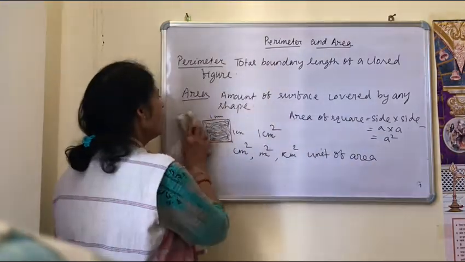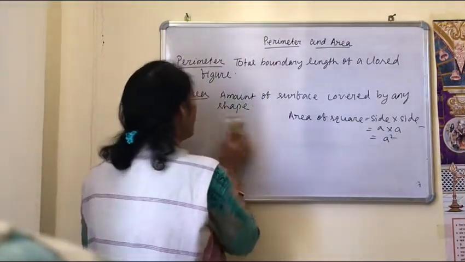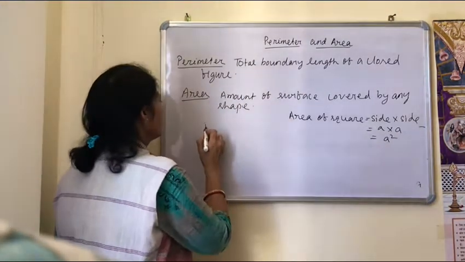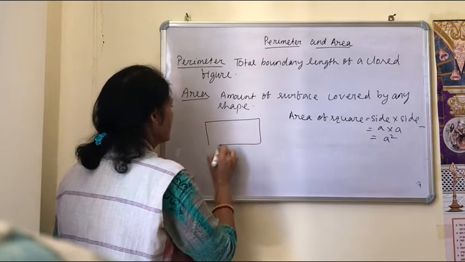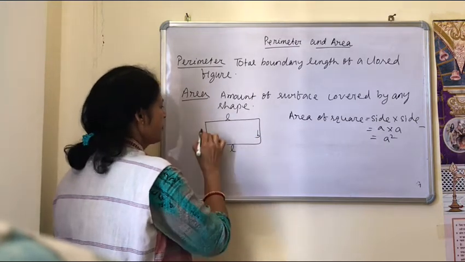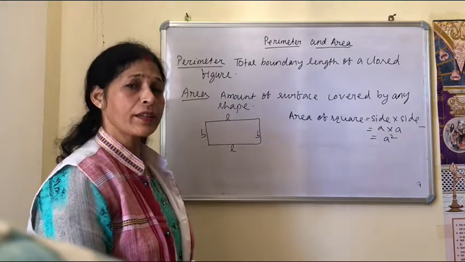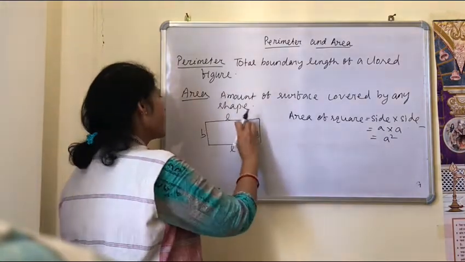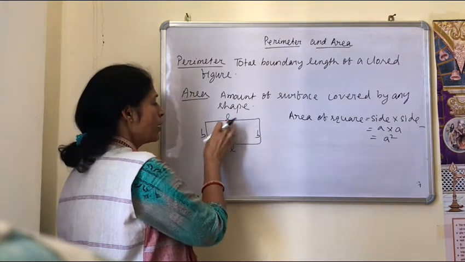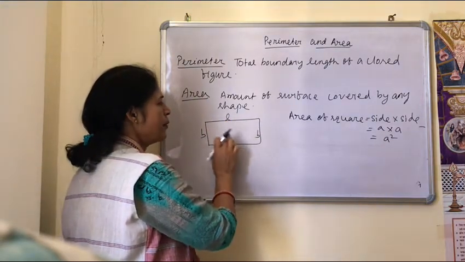Now come to the area of rectangle. Suppose this is the length, this is the breadth. The space covered by this shape is the area of this rectangle.